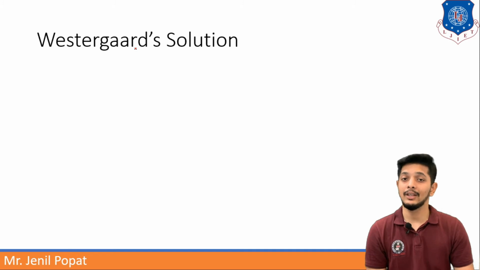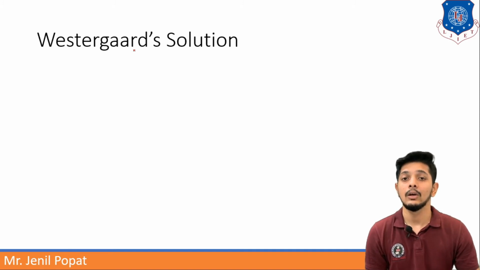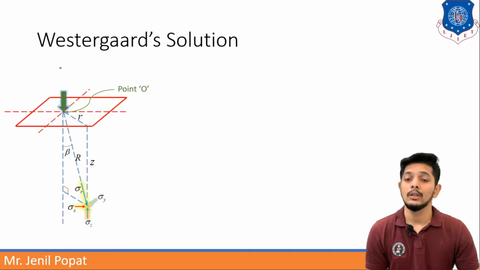So let us understand Westergaard's analysis or Westergaard's solution. So here again the red square is assumed as soil surface, and point O is under the application of the concentrated load, and other things are assumed as the same.